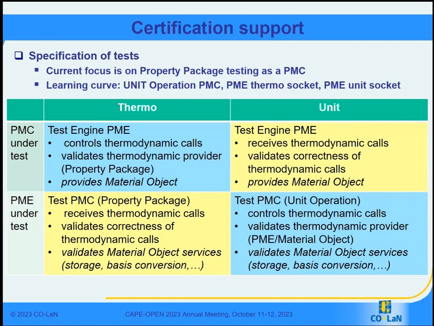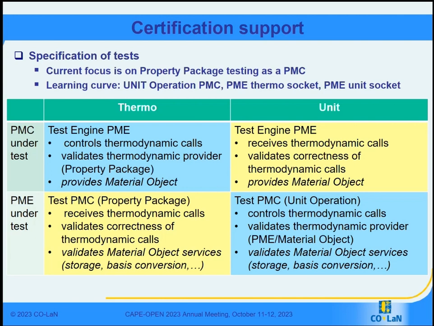We see the overlap between different types of interactions as well as main differences. For example, either the thermodynamics calls are generated or received by different components to be tested, or either the material object is to be provided by a component or to be validated.